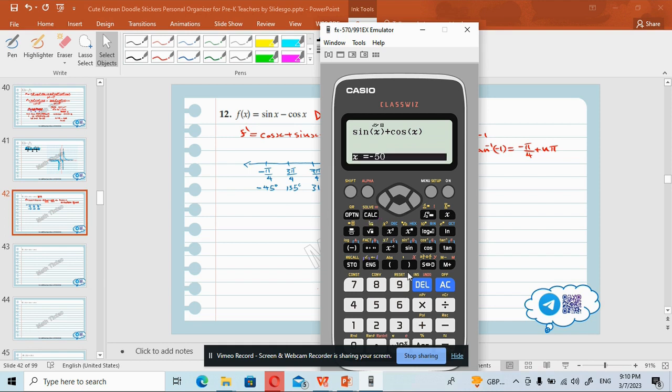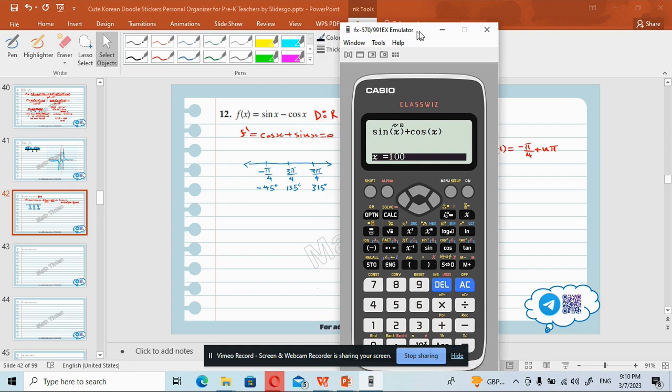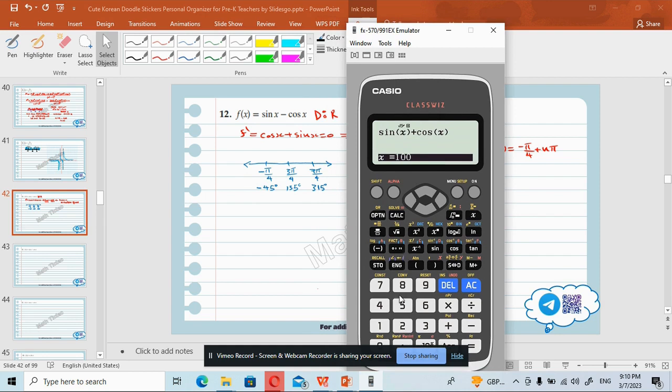So calculate at 100, let's say. This is positive. Then between 135 and 315, let's calculate at 200.